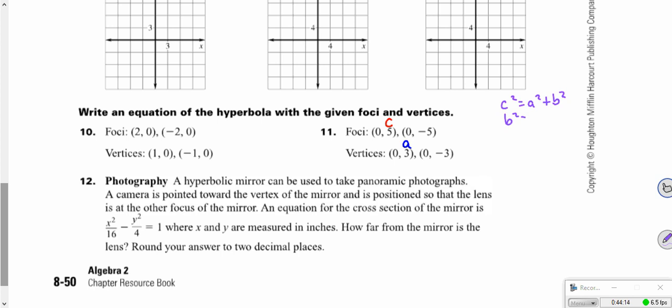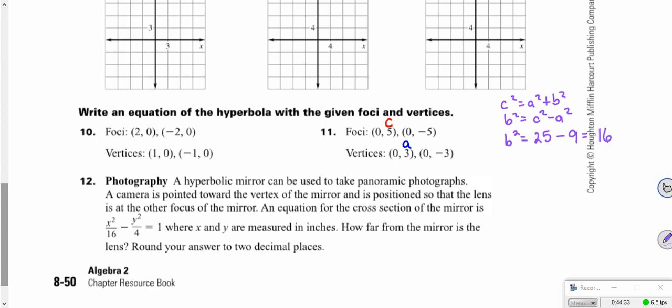That means b squared equals c squared minus a squared. So b squared equals 25 minus 9, which is 16.